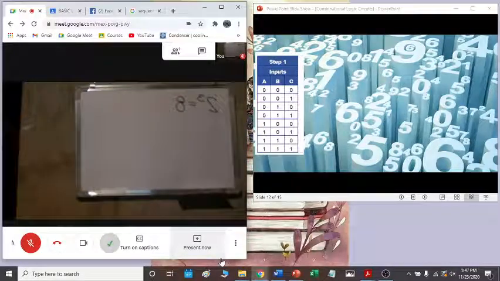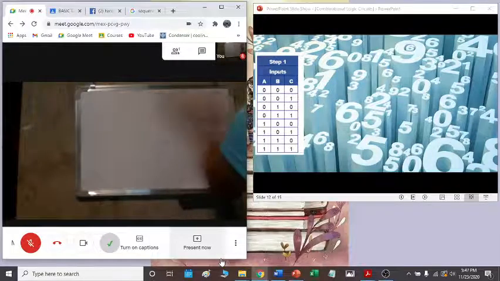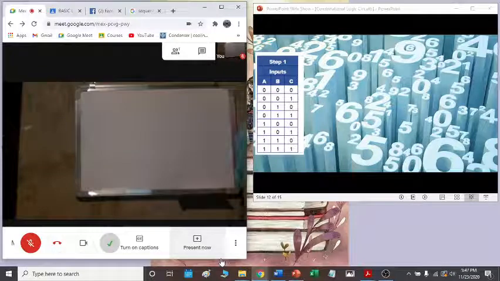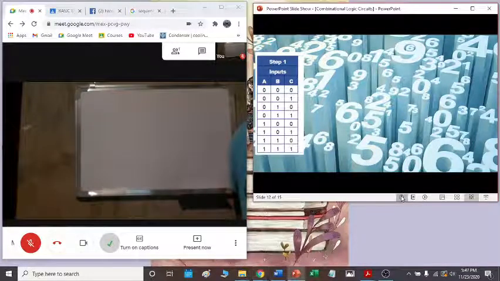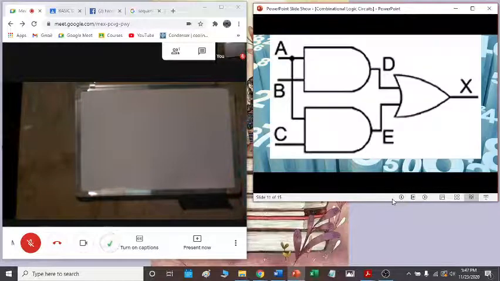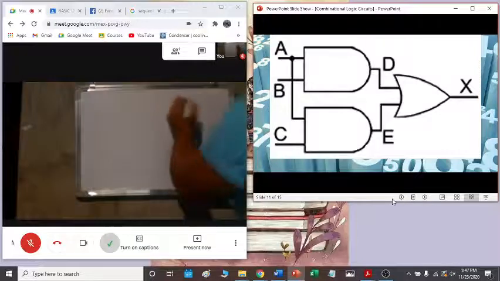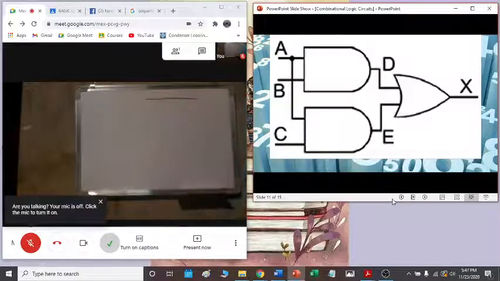So we have 8 possible combinations for our combinational logic circuit, as shown in our logic diagram. So let's start inputting our inputs.